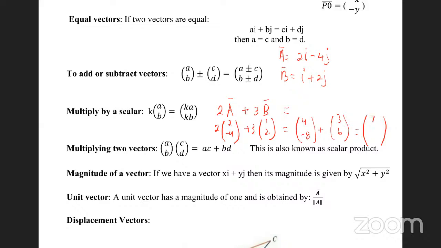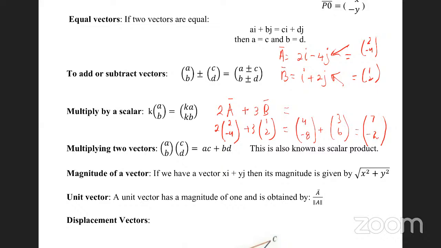Minus 8. Where the numbers came from, right here. This is the 2, minus 4, and this is the 1, 2. So 4 plus 3 is 7. Minus 8 plus 6 is minus 2. So the answer is 7, minus 2.